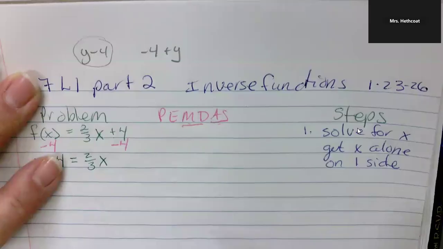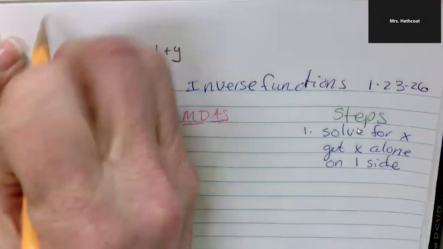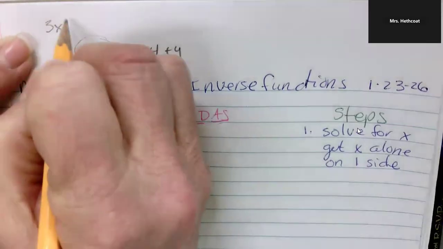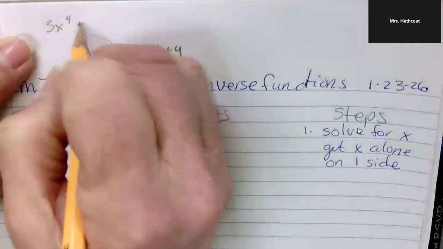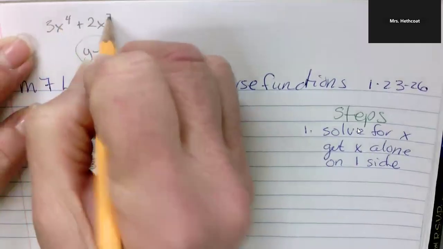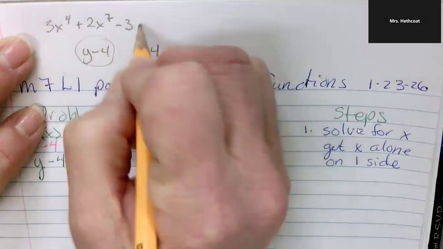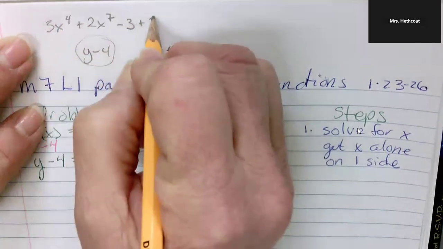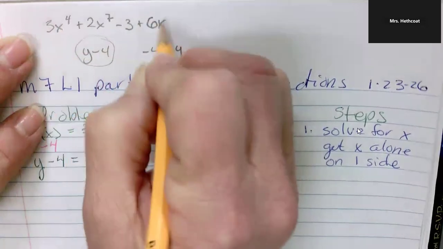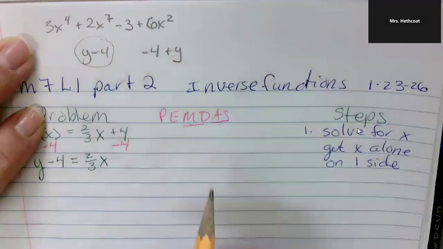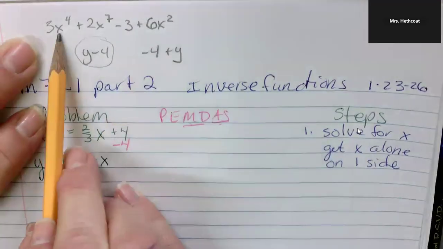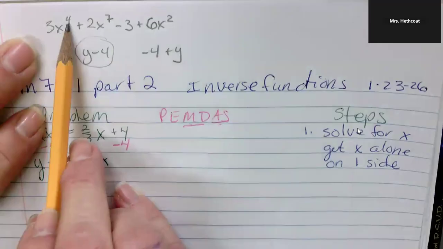because in a different lesson we talked about, if you have 3x to the 4th plus 2x to the 7th minus 3 plus 6x squared, we have to put those in order from the variable with the highest exponent down to the constant.